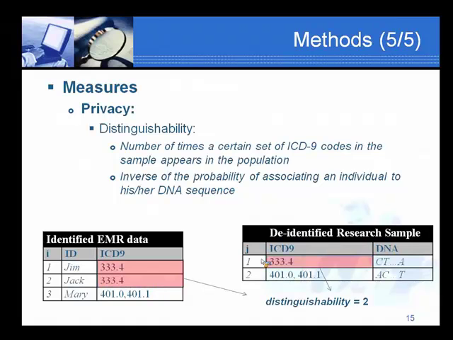For example, when we release the data on the table on the right, distinguishability of the codes contained in the first record is 2, because the code 333.4 appears twice in the population. This means that basically an attacker has a 50% chance to associate Jane or Jack with their actual DNA record.